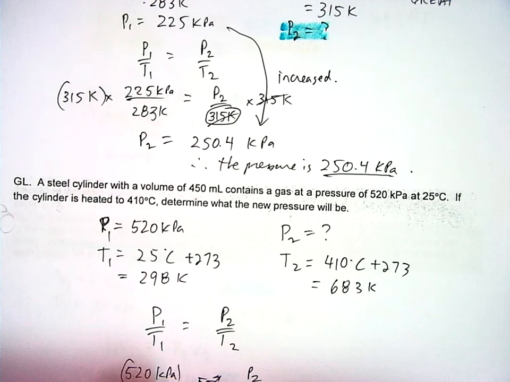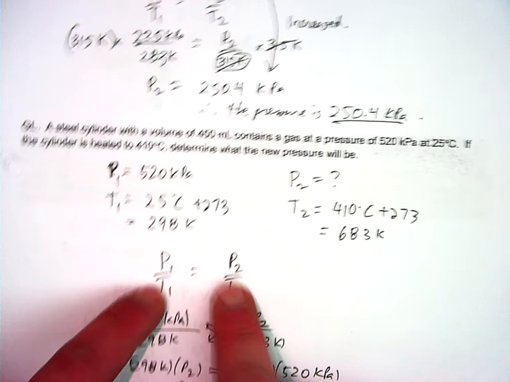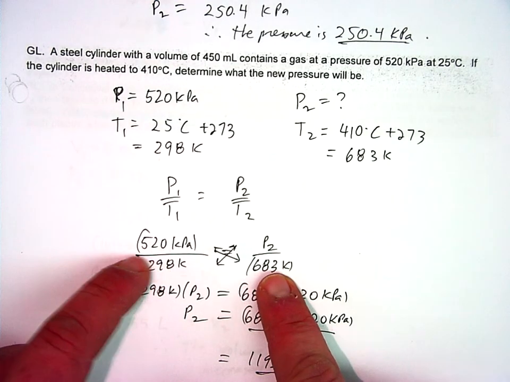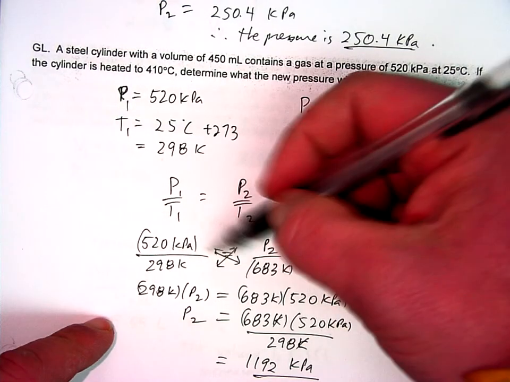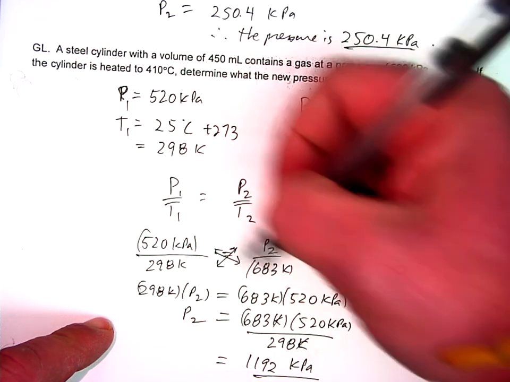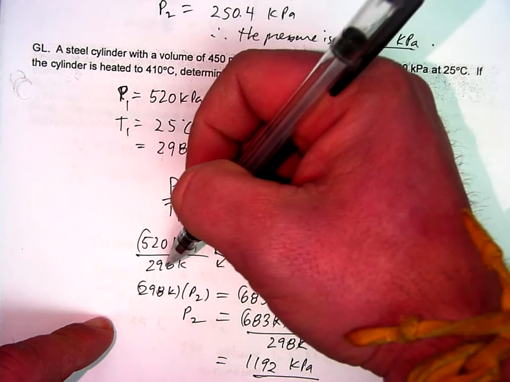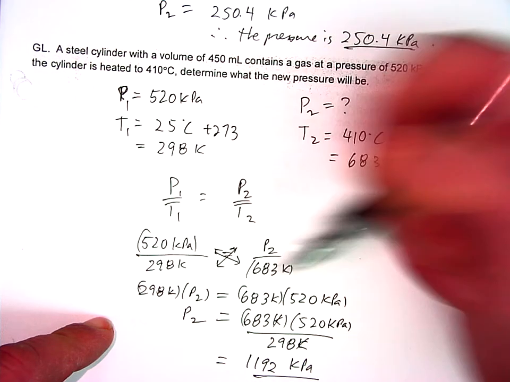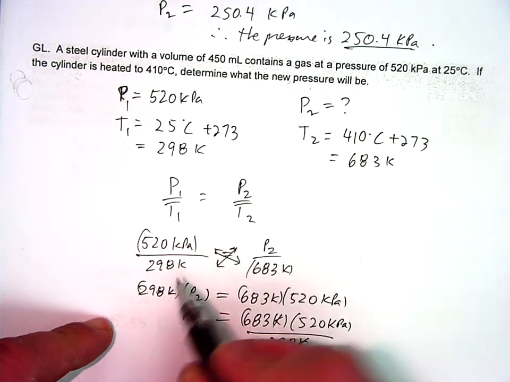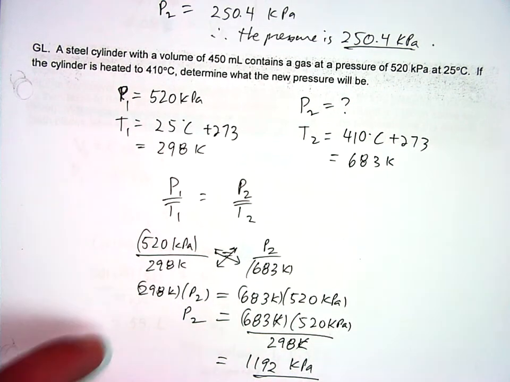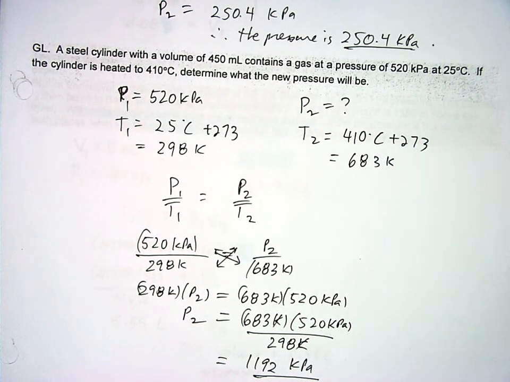Again, we have our two sets of conditions. We've written out our equation and plugged in all our values. This time I've cross-multiplied again, so 520 kilopascals times 683 Kelvin equals 298 times the pressure. I'm going to divide by 298, so that's now over on the other side by division.